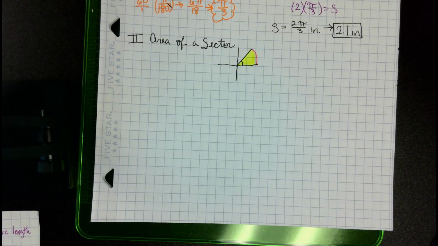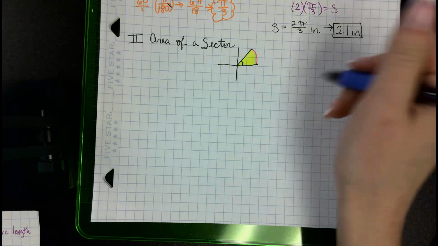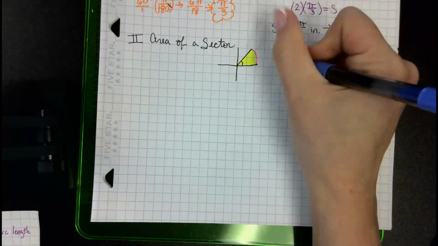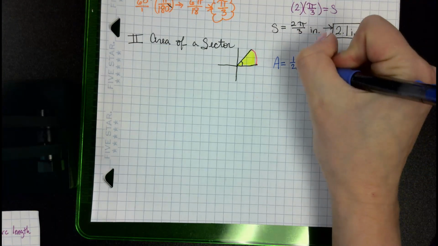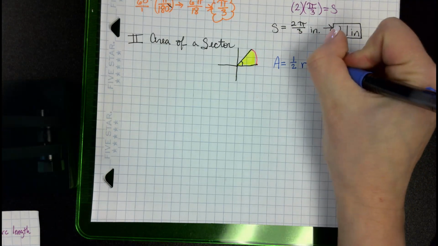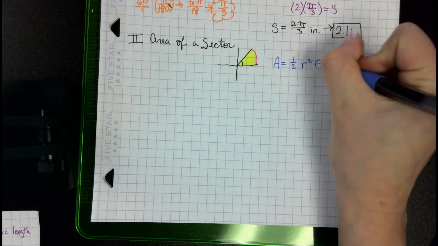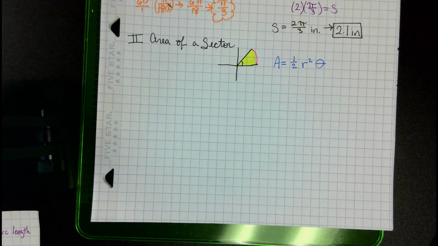And because it's area, its units are squared. Just like with a rectangle, length times width would be feet squared, inches squared, whatever squared. This formula: the area equals 1/2 of the radius squared times theta. Okay.